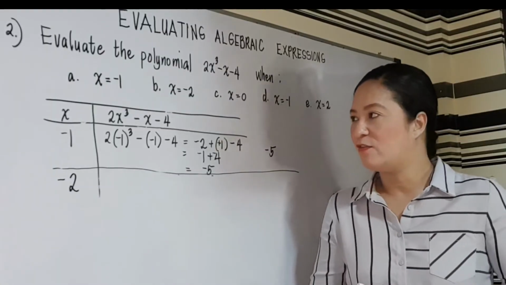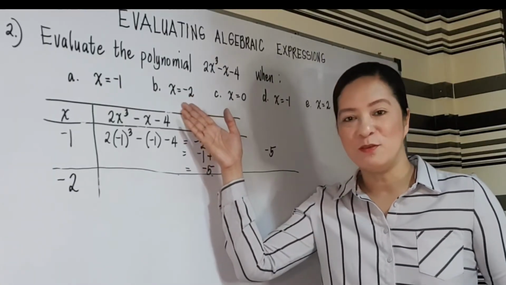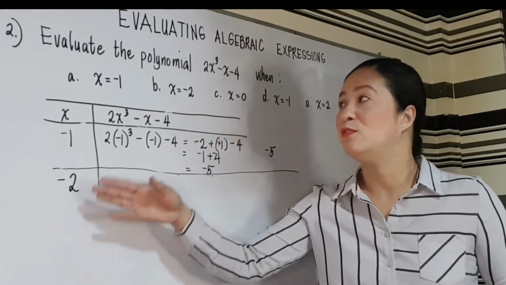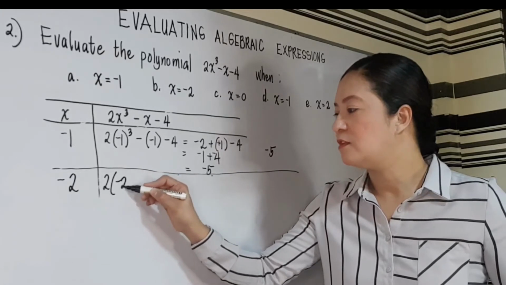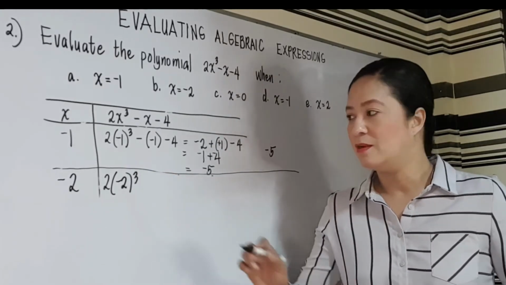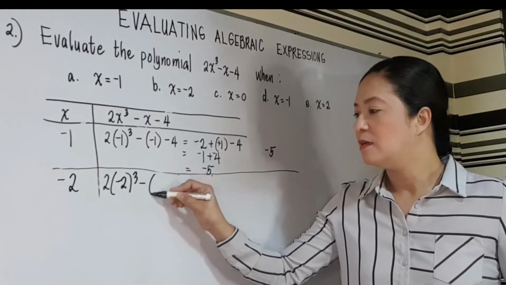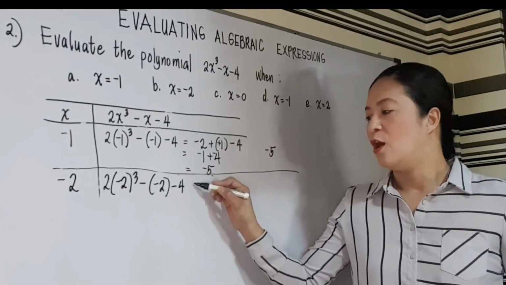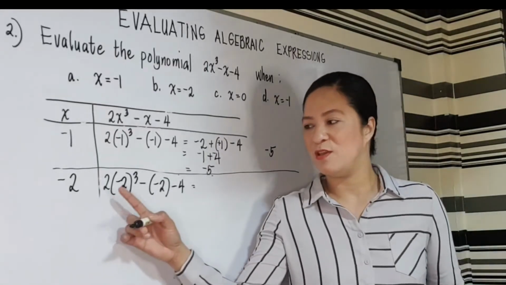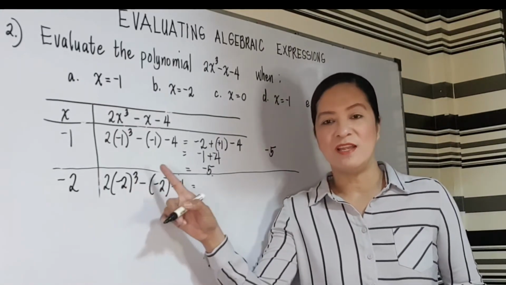Okay, so the next value of x is equal to negative 2. So, substituting negative 2 to the given polynomial. So, 2 times negative 2 quantity cube, minus negative 2 minus 4. Let us see what's the value. So negative 2 quantity cube.